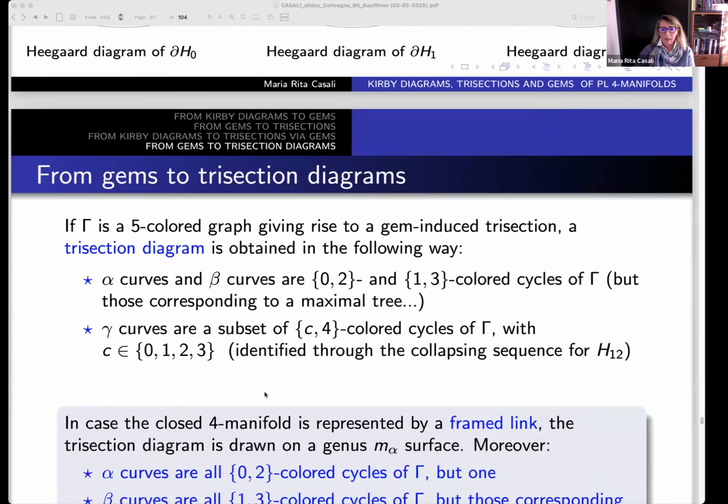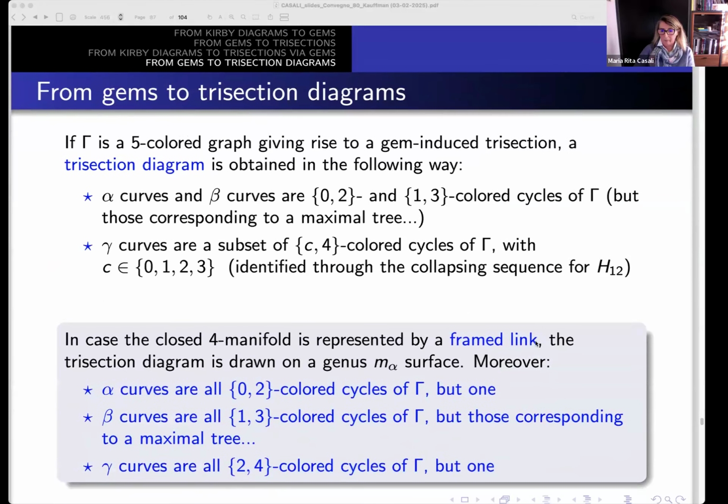And in particular, if we start from a framed link and if we consider the gem algorithmically drawn directly on the link itself according to our simplified algorithm, then the 3 systems of curves are given by bicolor cycles of these pairs of colors.